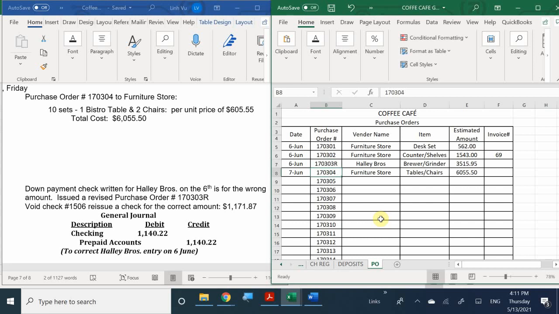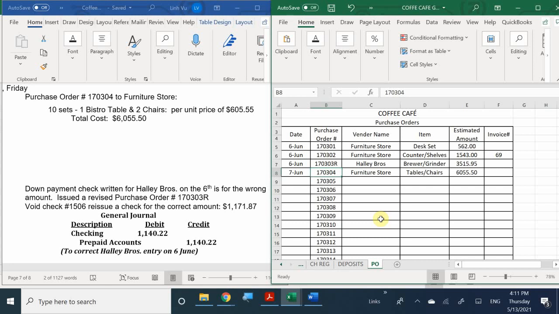So in this case, you're going to resend a new purchase order to Haley Bros, but this time it's going to say that you're going to make a new down payment of $1171.87. Melinda, if that's the correct amount that you calculated earlier. This is exactly what I was saying.